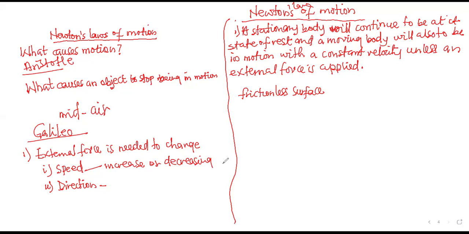So that is Newton's first law of motion. A stationary body will continue to be stationary, and a moving body would continue to be in motion with a constant velocity unless an external force is applied or acts on the body.